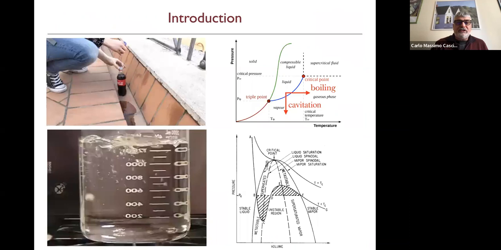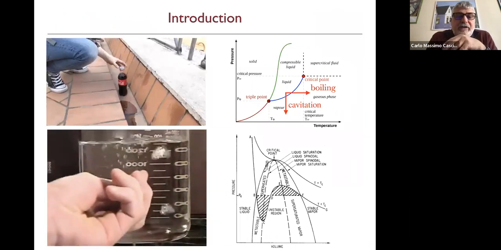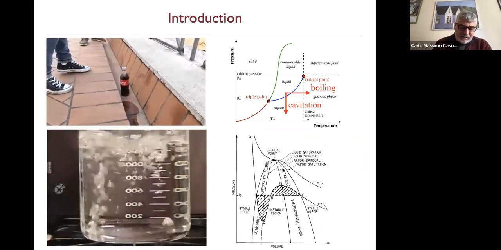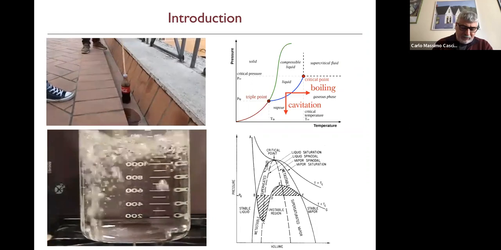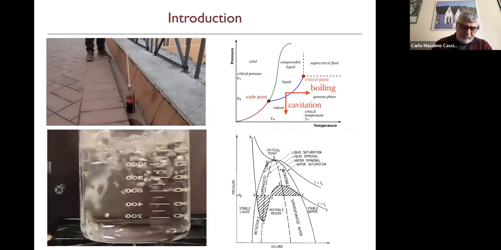So what you should see here are a couple of videos showing examples of how nucleation can indeed be coupled or even triggered, in this case, the macroscopic fluid motion.